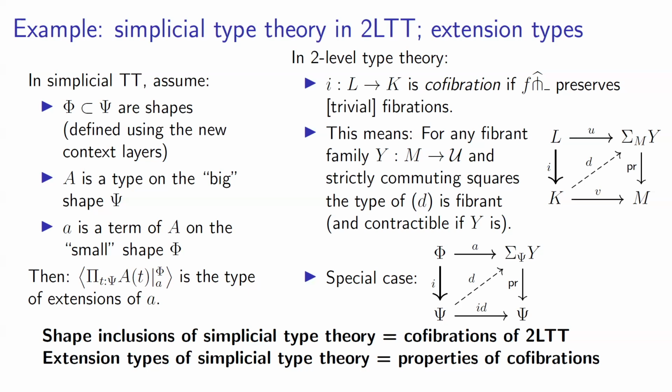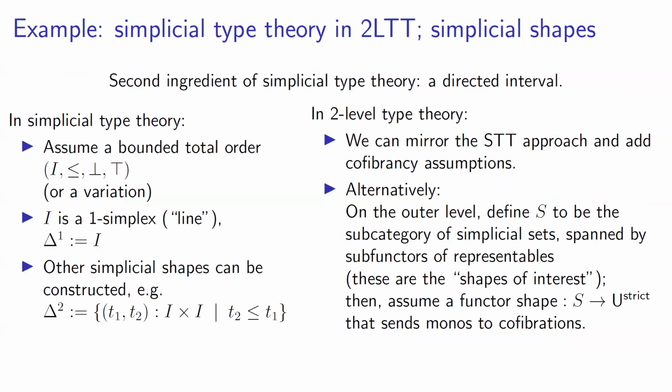Okay, and so the second ingredient which is needed for simplicial type theory are these simplicial shapes. So far we have these extension types and we have these shapes lying around, but we need some very specific shapes. In Riehl and Shulman's setting, this is done by saying that on the shape layer, the context layer, we have a certain bounded total order or some variation of it.